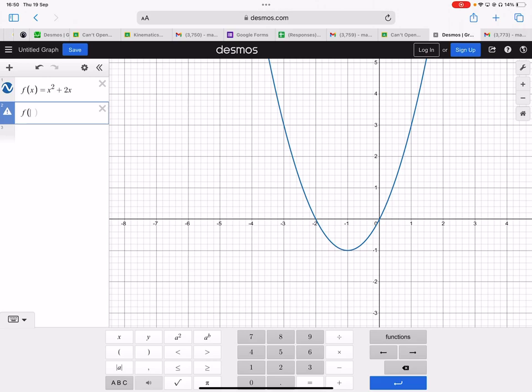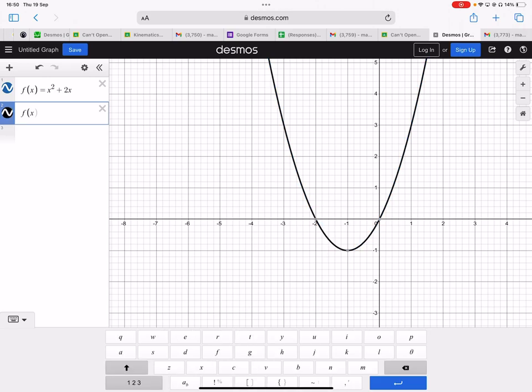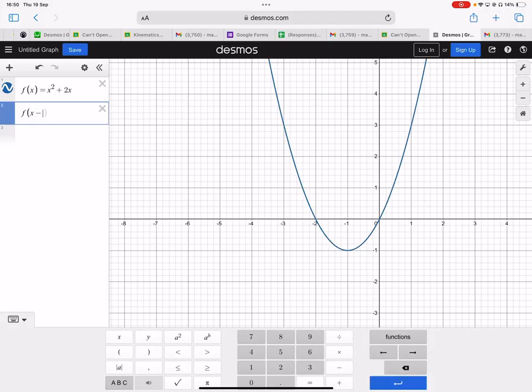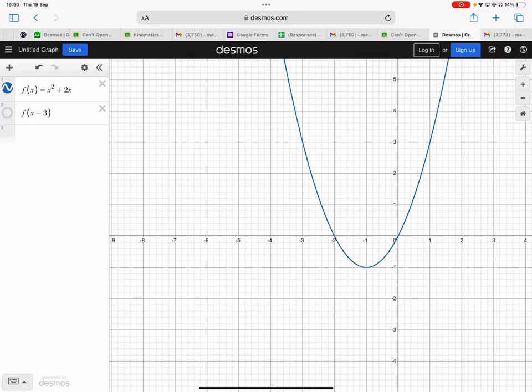So for instance, you could say f of x minus 3, for instance. Instead of f of x, now you have f of x minus 3. That means you have replaced x with x minus 3. What do you think is going to happen to the graph?